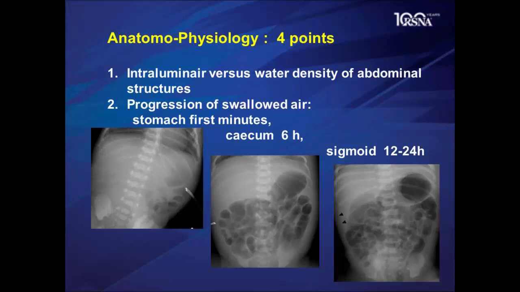The second point is the assessment of the progression of the swallowed air, and this is characteristic. With the first breath extrauterine, you get air in the stomach. In the first few minutes, quickly you get some small bowel jejunal loops, gas filled. It is estimated that at 6 hours the cecum could be identified with air present in it.